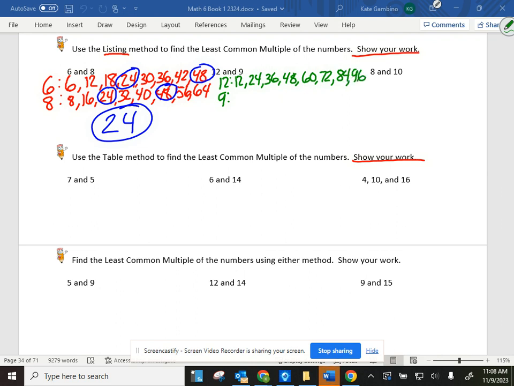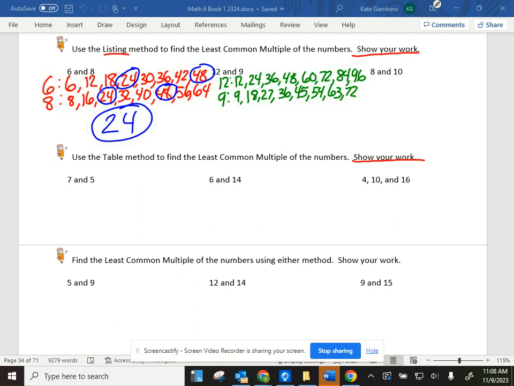And we're going to stop there. That's all we have room for. Who can list the multiples of 9? Ruby. 9, 18, 27, 36, 45, 54, 63, 72. And we're going to stop there. That's all we have room for.